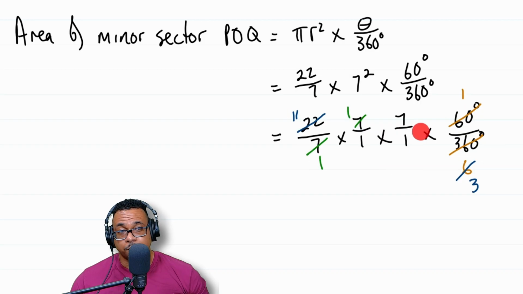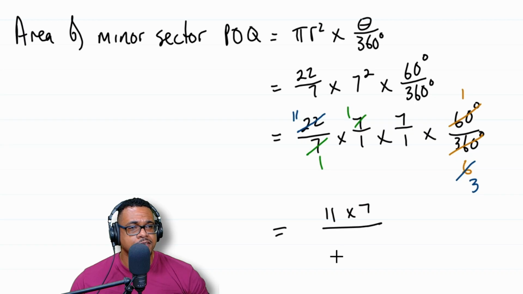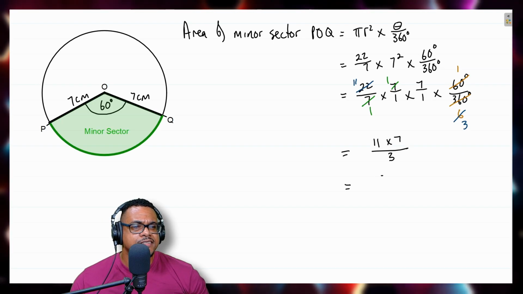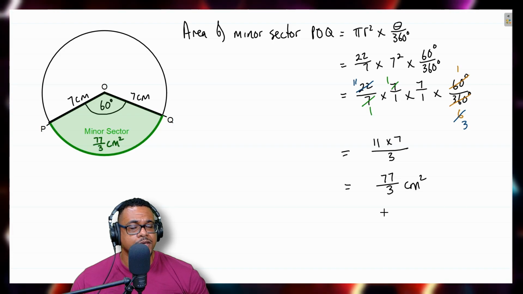Not seeing anything else that will cancel, so we can multiply across now. 11 by 1 by 7 by 1. So that's 11 by 7. Let's write that out. So we have 11 by 7 for the numerator. And for the denominator, 1 by 1 by 1 by 3. So that'll just be 3. So what we have is 77 over 3 centimeters squared.